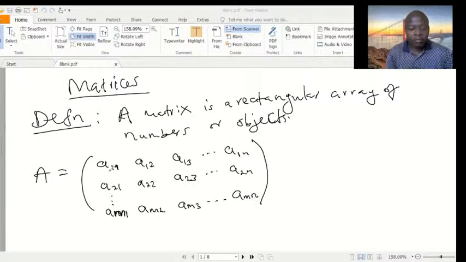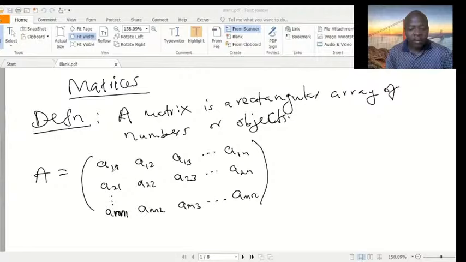So this is how we represent a matrix. Now, what do these numbers mean? The numbers 1,1, 1,2. Now, this is a row. This is the first row of the matrix. This is the second row of the matrix. The first number represents the row, so A1 means this element is in row 1. This element is in row 1, column 2.